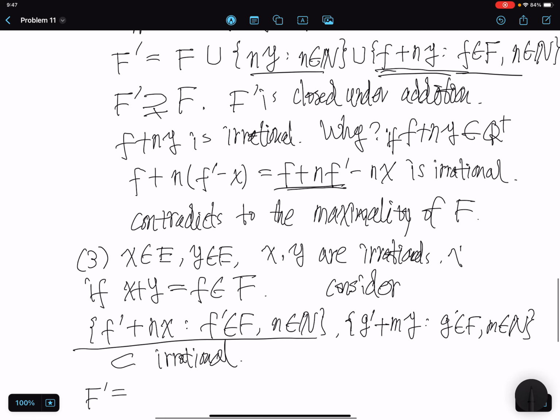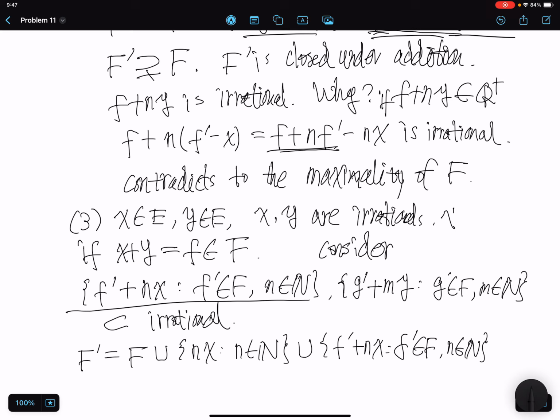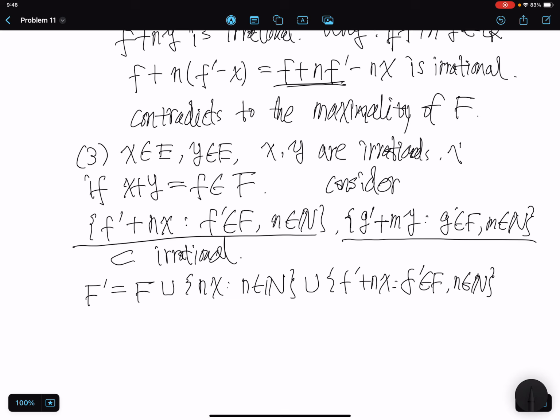As in case 2, the previous case, we define this: nx, n in N, and union all this f prime plus union these two sets. Then again, F prime is bigger than F. We reach a contradiction, right? Or if any of this is irrational, we do a similar thing, and then we have a bigger F prime.